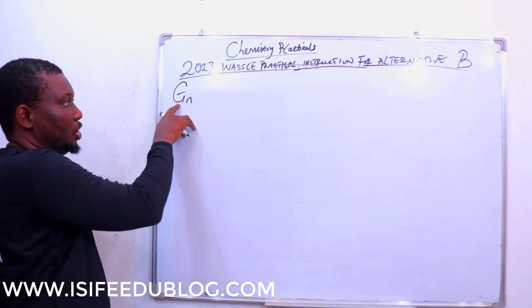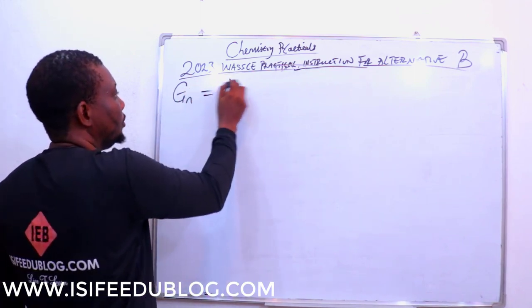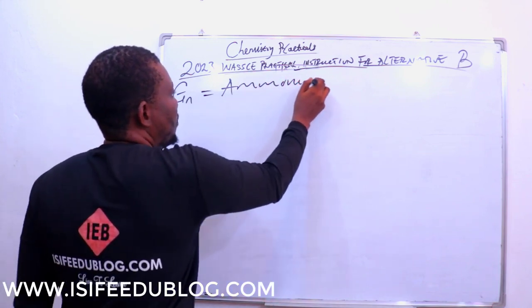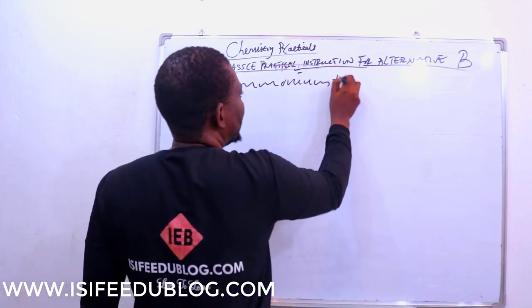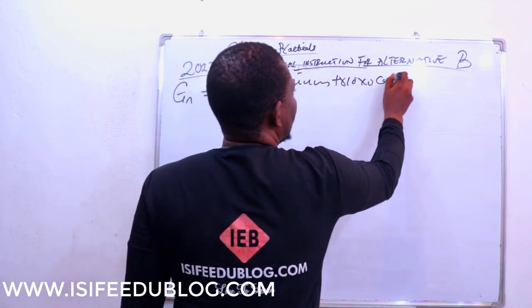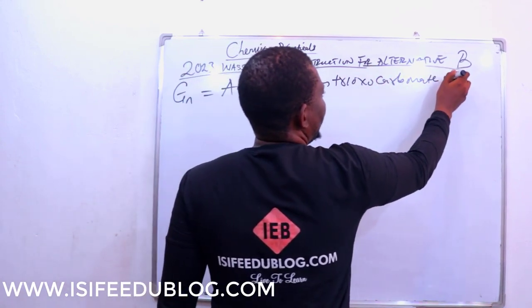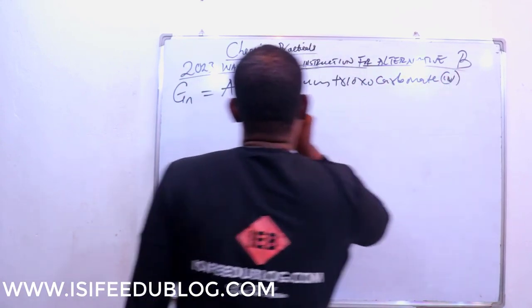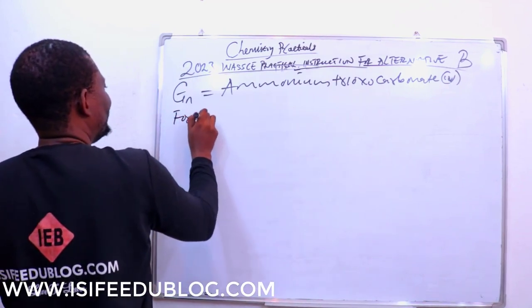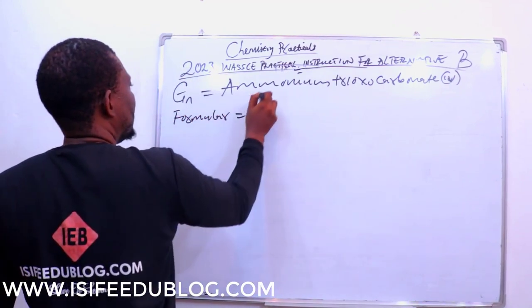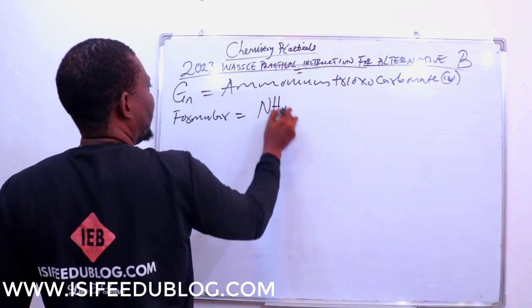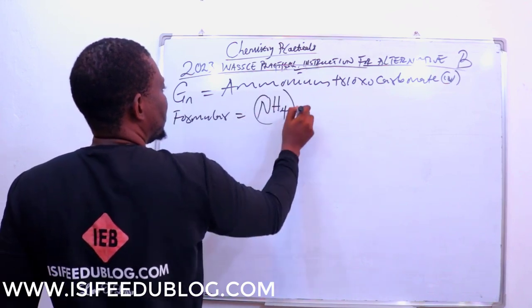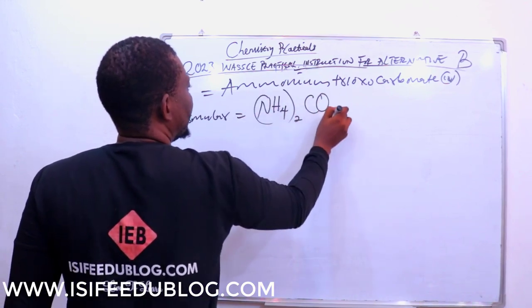G now is ammonium trioxocarbonate(IV), whose formula is (NH4)2CO3.